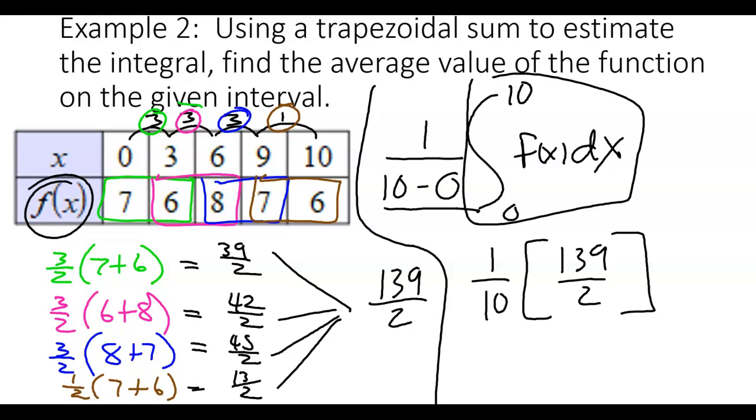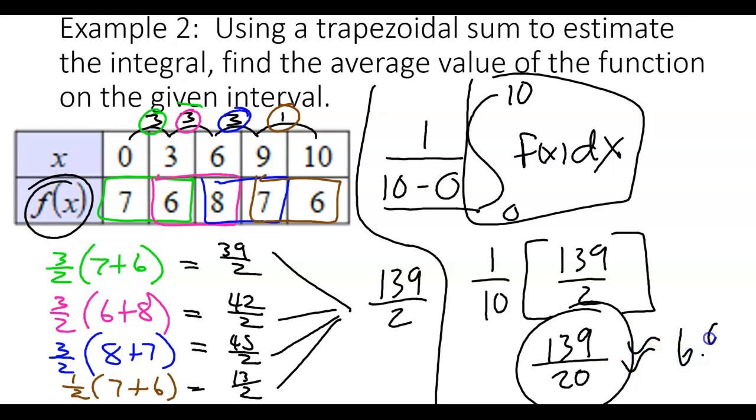And then we multiply straight across, and we get 139 over 20 as our average value. If you do this, you're going to end up with something like 6.96, I think. Just compare that. Look at your y values. Wouldn't you guys say that 6.96 is a pretty decent y value average for all those y values?